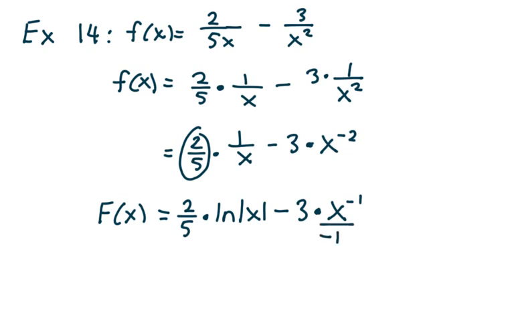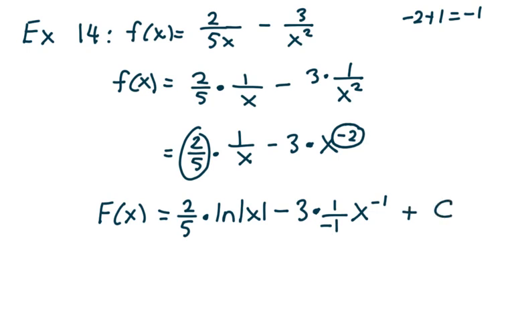Here, I'm going to do it a little better, actually. So the way we've done it is, remember that you're adding 1 to that exponent. So we're making it x to the negative 1. Remember that negative 2 plus 1 is negative 1. And then we multiply by 1 over negative 1. And then I'm going to add c.